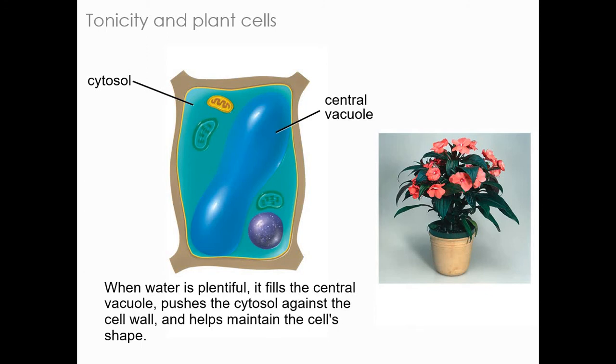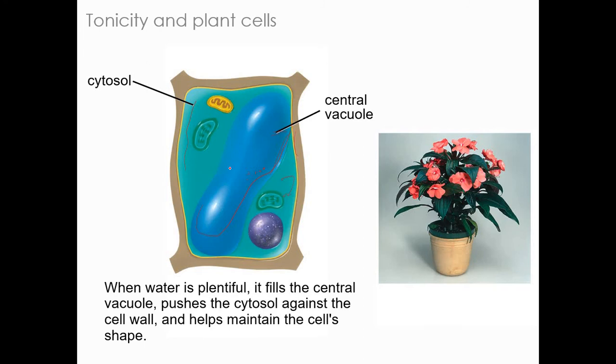So this is the cytosol, this blue-green part. And then this is the central vacuole of the plant cell, di ba? If water is plentiful, class, it fills this central vacuole with water. The effect of that is, when this central vacuole is filled, it will push the cytosol against the cell membrane.